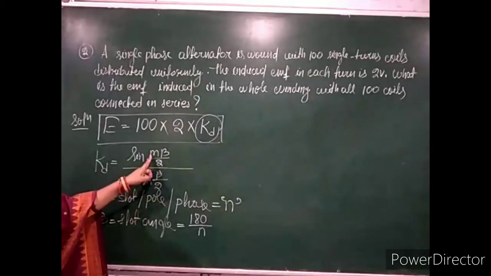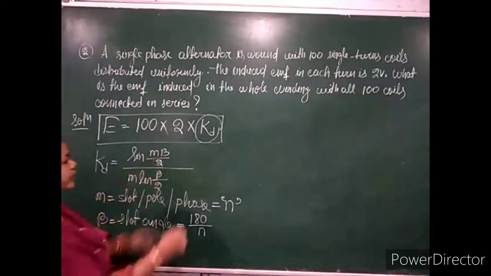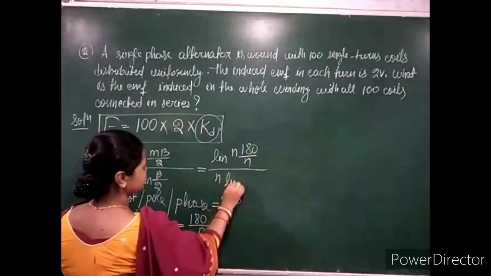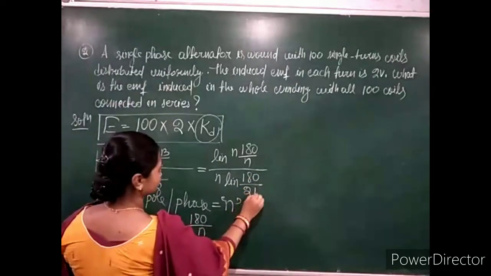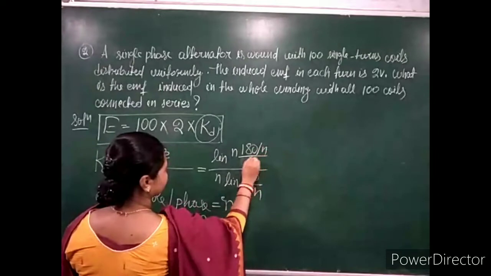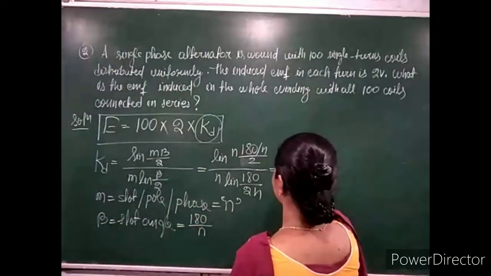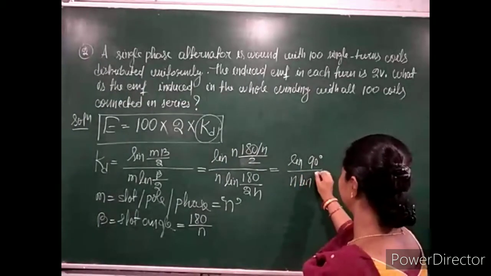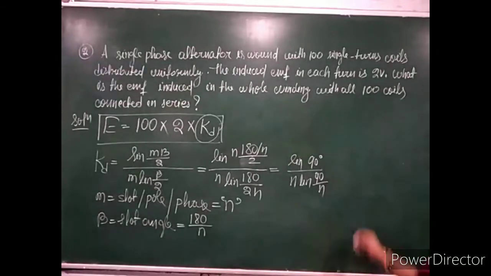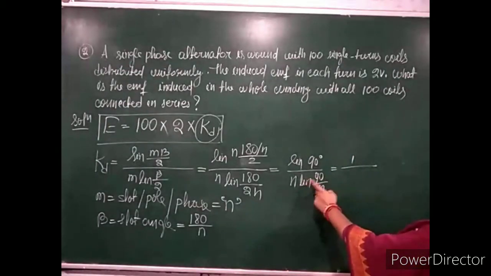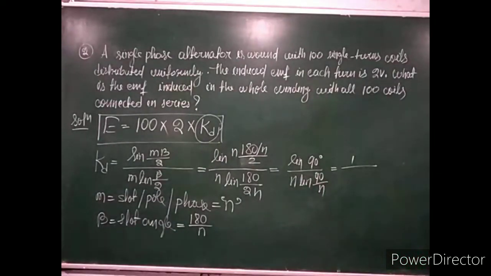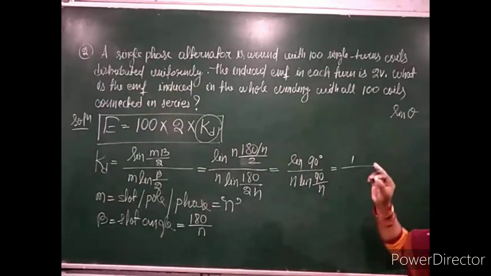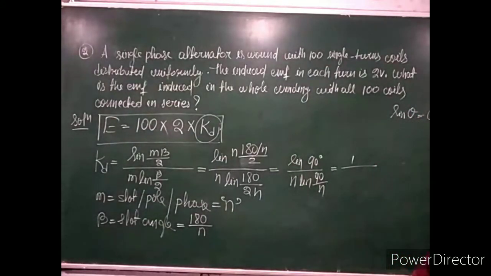So I put here m as n and β as 180 by n, which gives sin(n × 90/n) divided by n sin(90/n), which gives sin 90 degree over n sin(90/n). Here sin(90/n) is a very small angle, so you assume it as 90 by n, because you know that if the angle theta is very small, then sin theta is written as only theta.